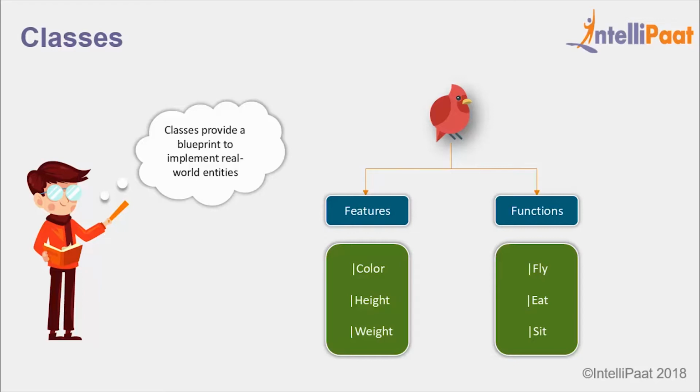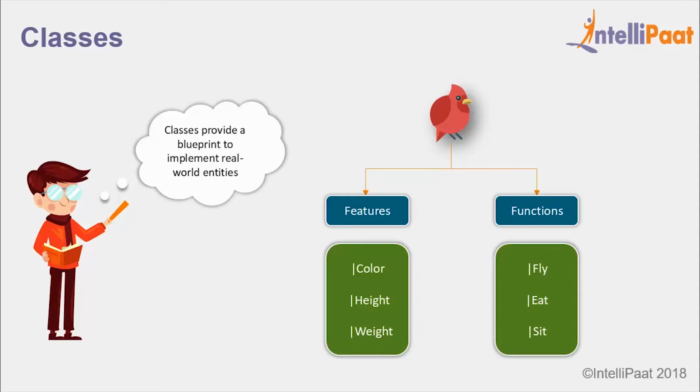So let's take a bird. It'll have some sort of features associated with it, such as color, weight, and height. And along with these features, a bird can perform certain actions, such as it can fly, it can eat, and it can sit. Now, when you combine these features and functions together, it'll give a general template to describe a bird, and that is nothing but your class.